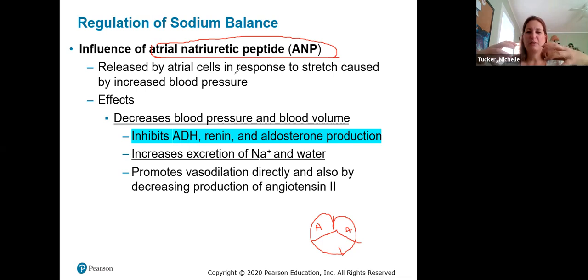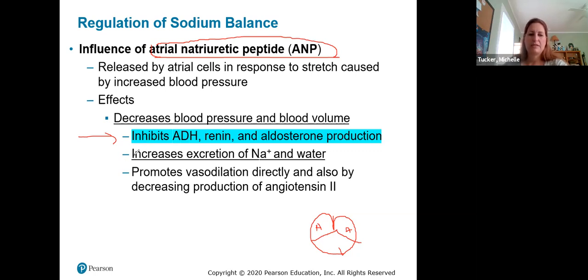And so it will work to protect the whole heart by secreting atrial natriuretic peptide, which then overrides every other response. And it is going to inhibit antidiuretic hormone, inhibit renin, and inhibit aldosterone production. So it inhibits everything that's working against it. It's got that ultimate control.